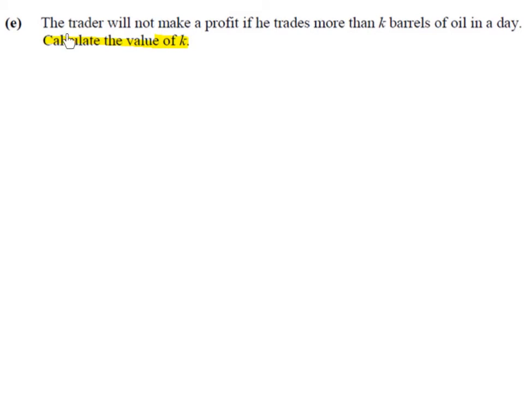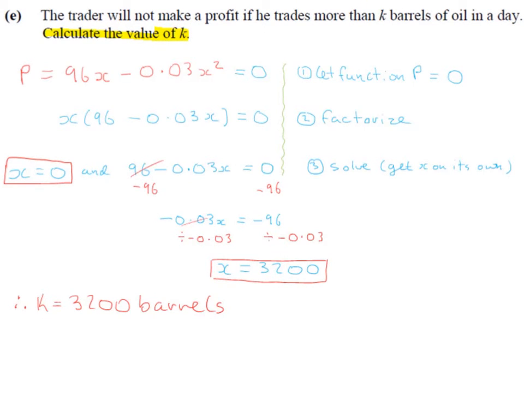Part E. The trader will not make a profit if he trades more than K barrels of oil in a day. Calculate the value of K. So we have our function P equals 96x minus 0.03x squared. And what we have to do is let it equal 0. So step 1, let the function P equal 0.